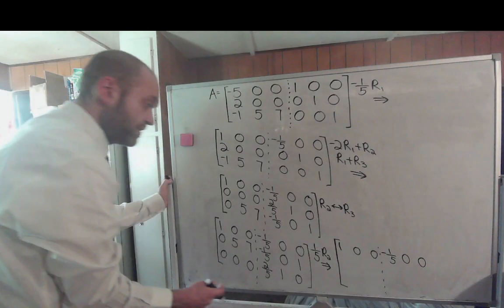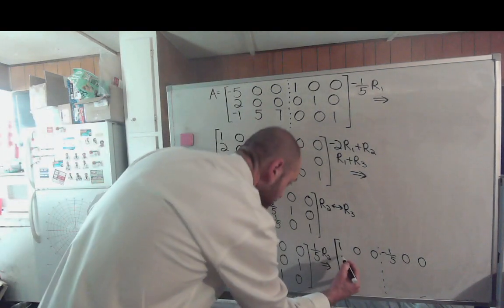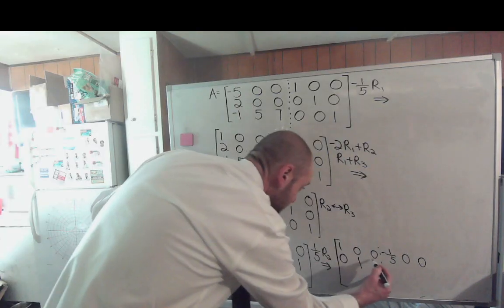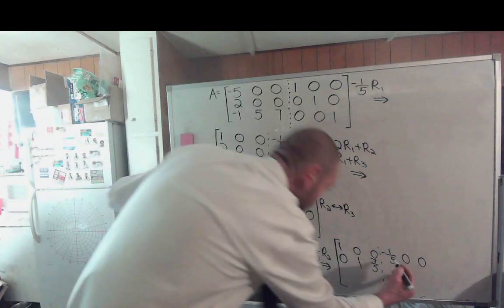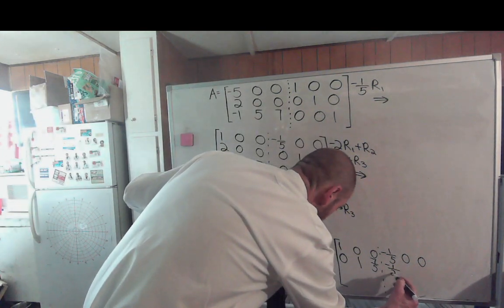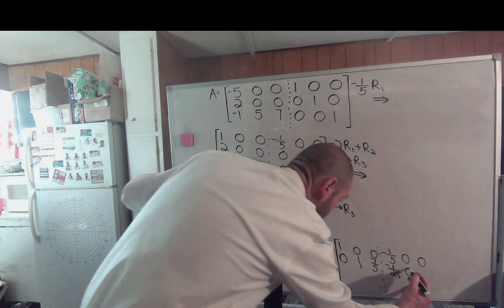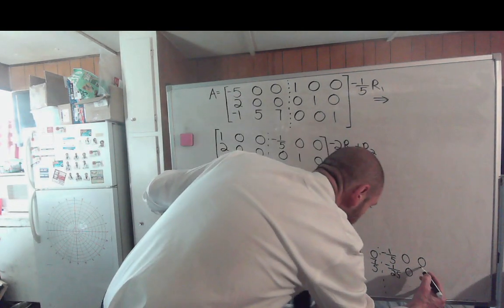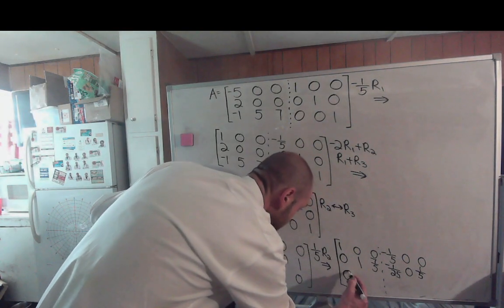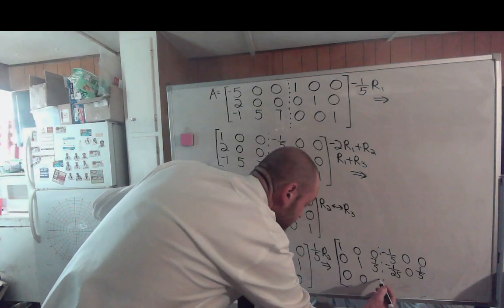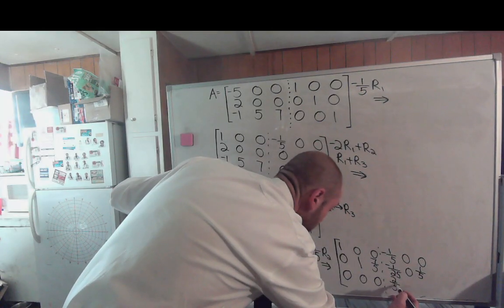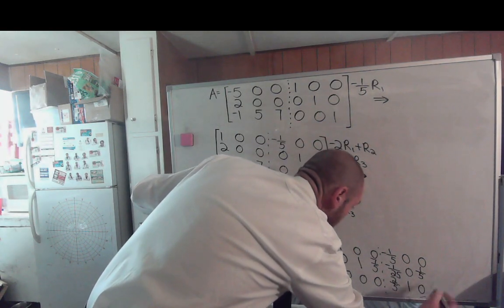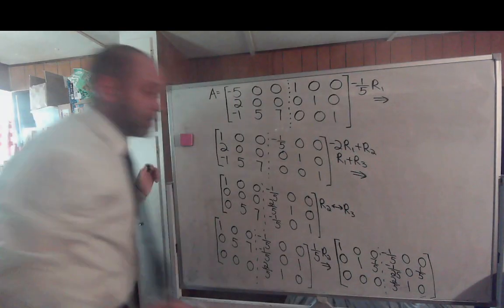Now we're taking 1/5 of row 2, so you would get 0, 1, 7/5, negative 1/25, 0, 1/5, and then we can leave row 3 alone, 0, 0, 0, 2/5, 1, 0. It looks like we're almost to the end.